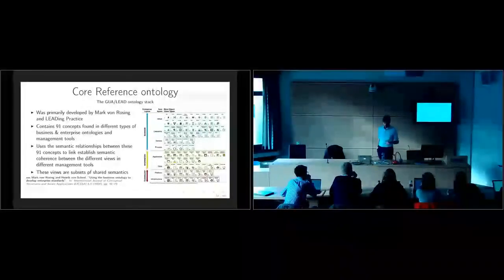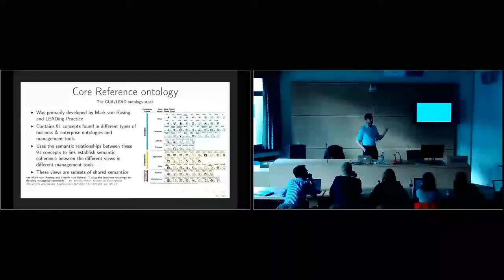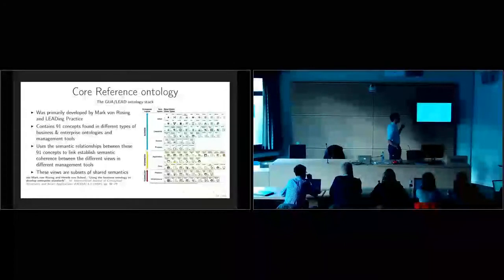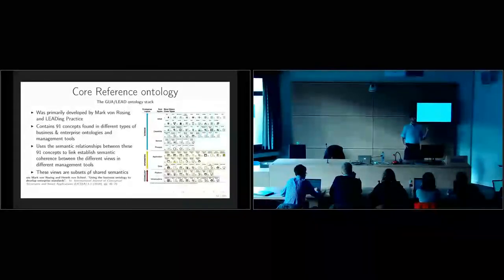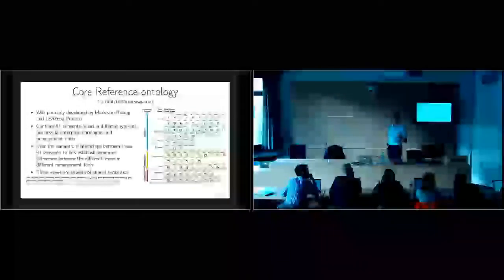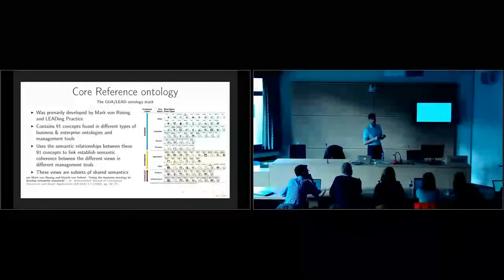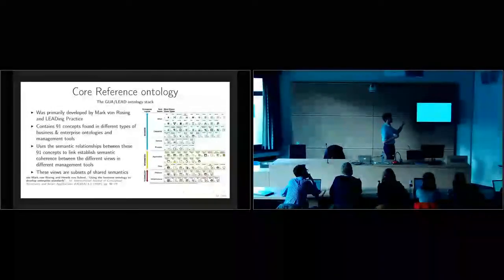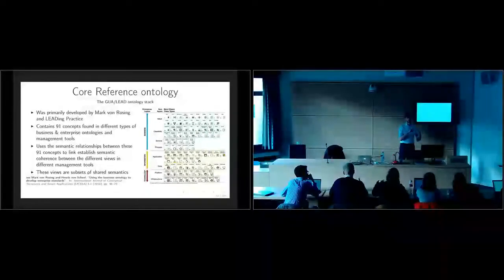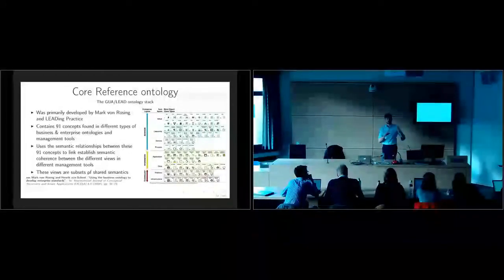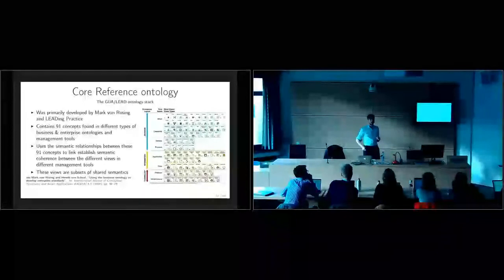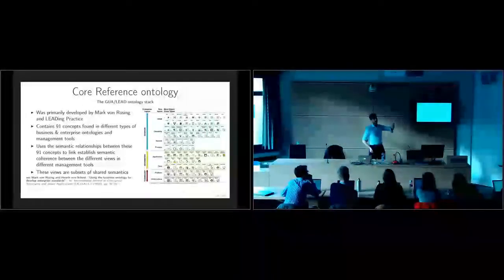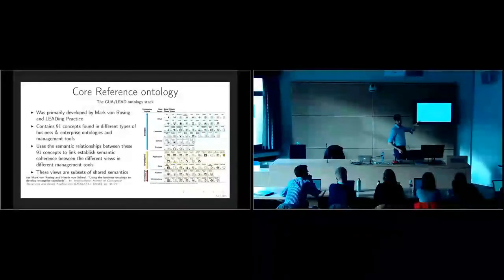Again, as in a periodic table, those relationships are also hidden. You have properties in a periodic table that tell you can combine this atom with another atom to make molecules. You cannot combine that one, or you have to combine them in such a way. So that is hidden here, but it's also there. So you have relationships between them.